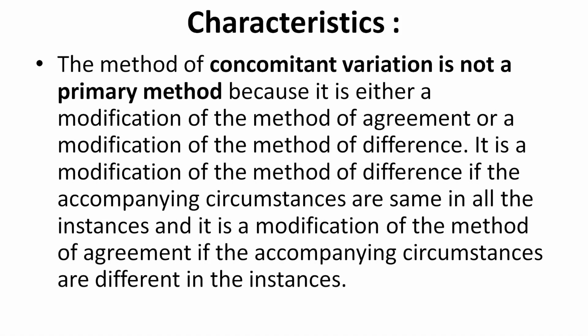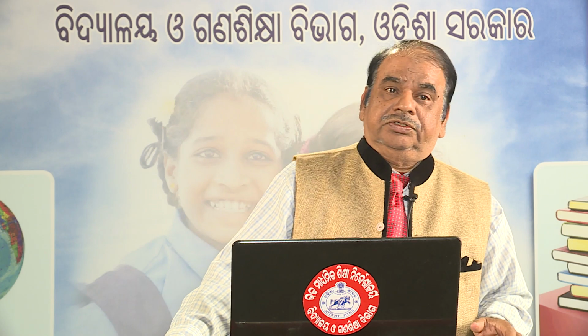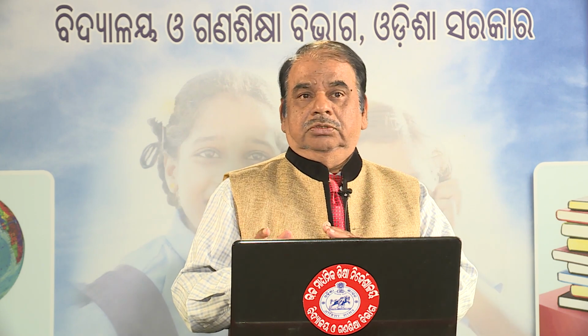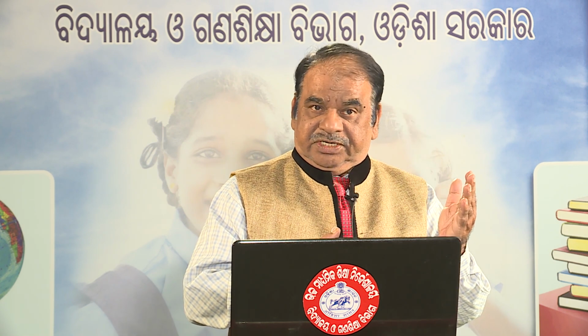It is a modification of the method of difference if the accompanying circumstances are the same in all the instances, and it is a modification of the method of agreement if the accompanying circumstances are different in the instances. So, taking the accompanying circumstances into account, we can decide whether it is a modification of the method of agreement or of the method of difference.